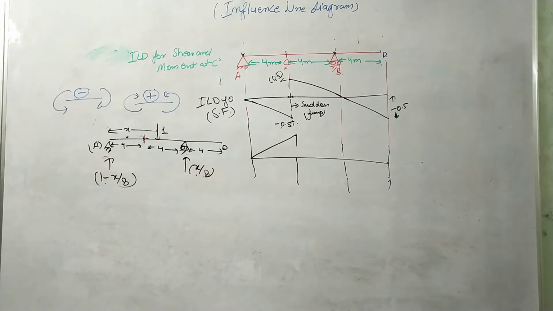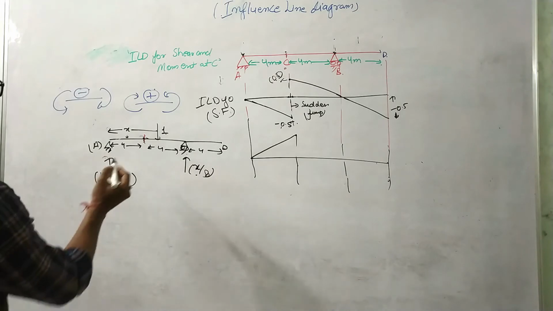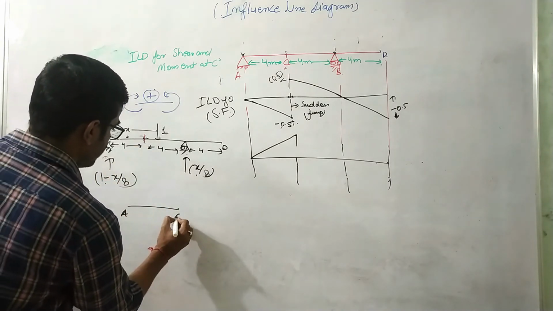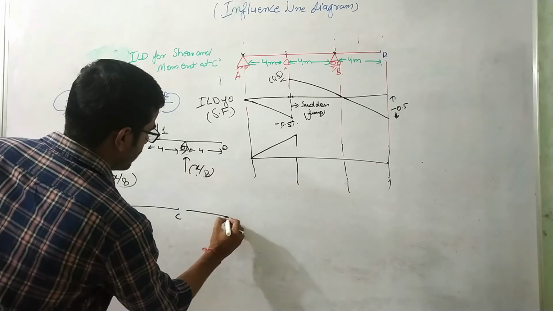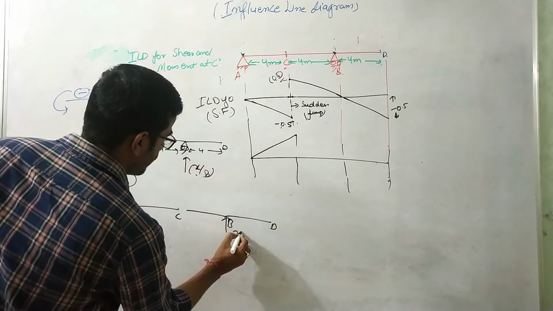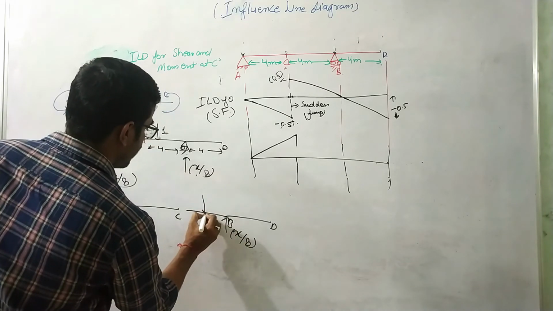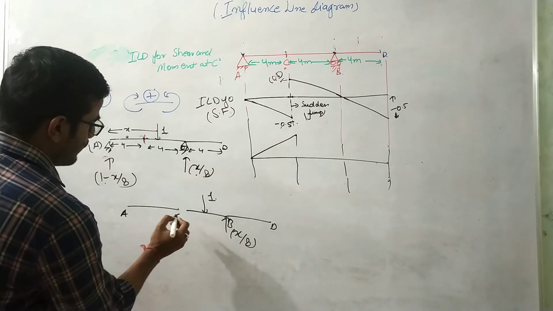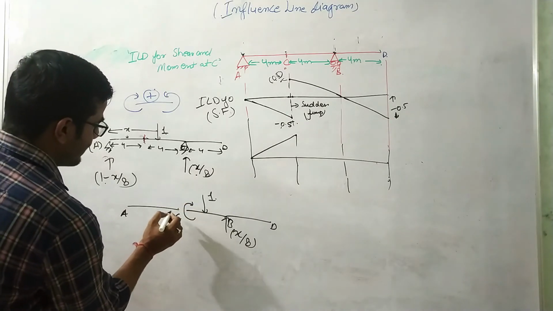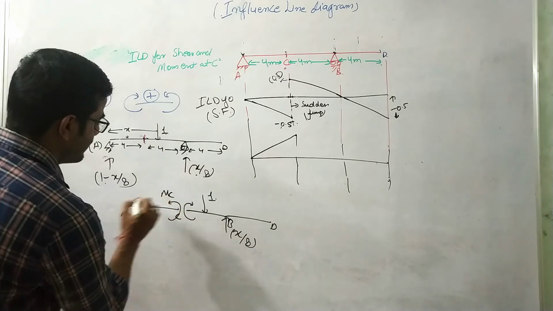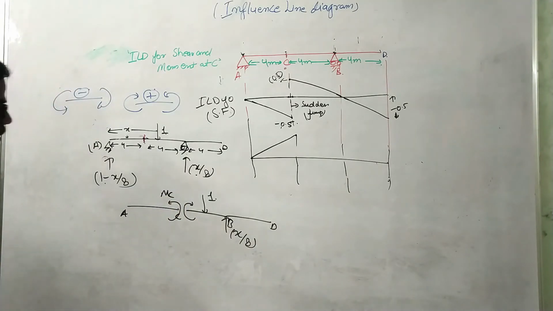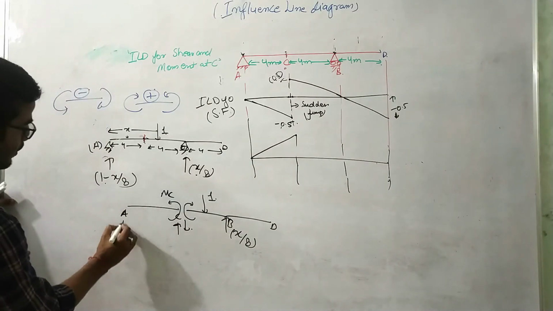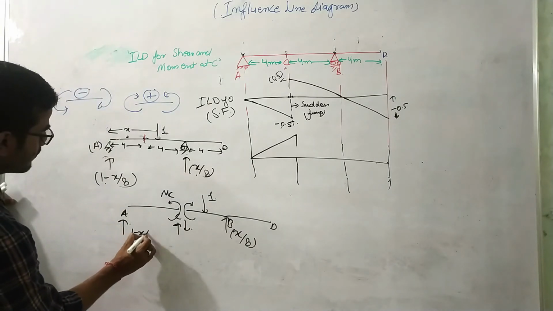Now, if I cut this beam at this section, this is A, this is C point, this is B, and this is D. So here again the force is x by 8, with unit load 1. To balance this, one moment MC will act at this point. We need to find that MC moment. Some shear force will be there, right? And this load is nothing but 1 minus x by 8.